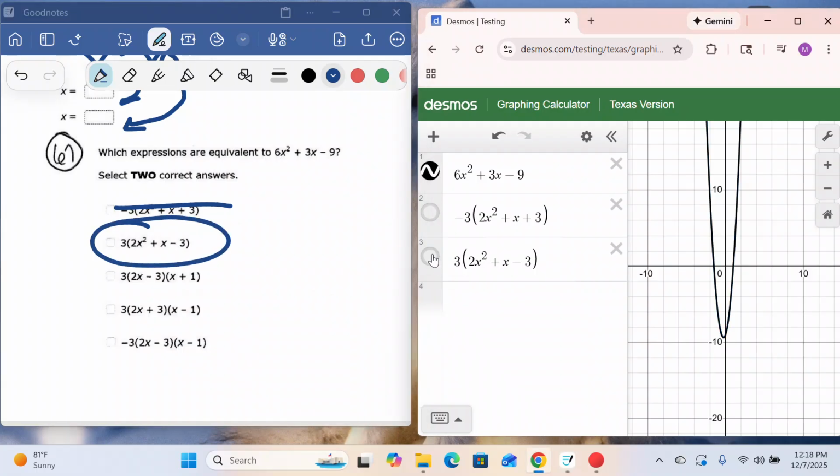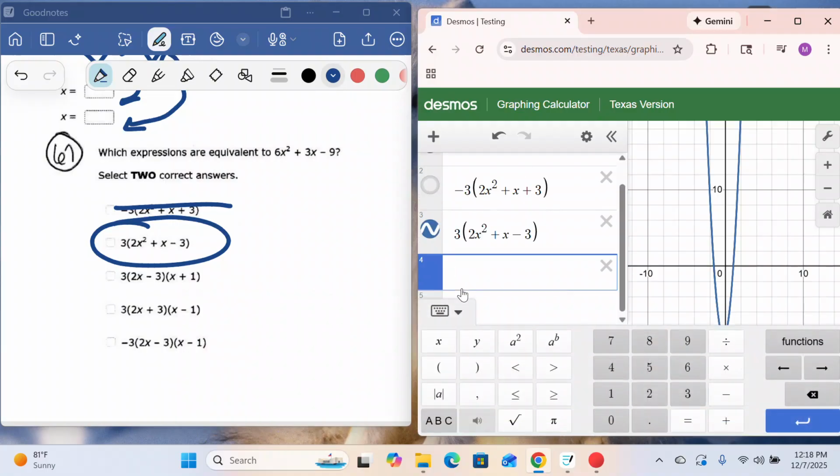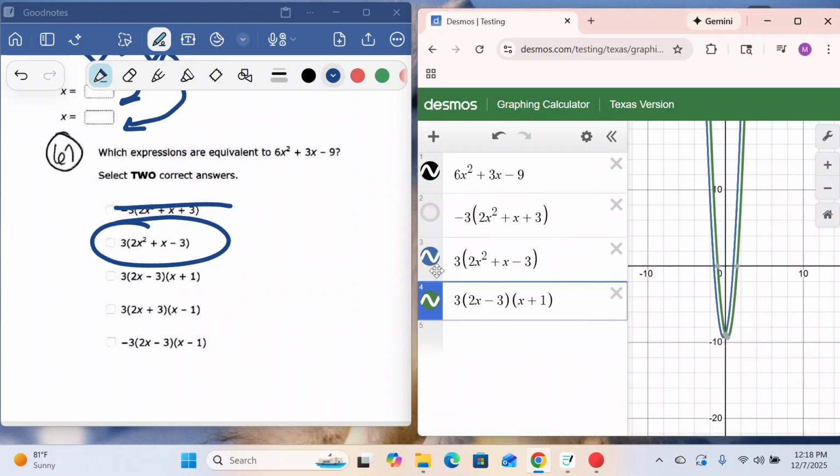I can even leave it on there if I want to because they're identical. So I'm going to do 3, open parentheses, 2x minus 3, close parentheses, open parentheses, x plus 1, close parentheses, and automatically I know my green is false because it doesn't overlap with every single one of them.